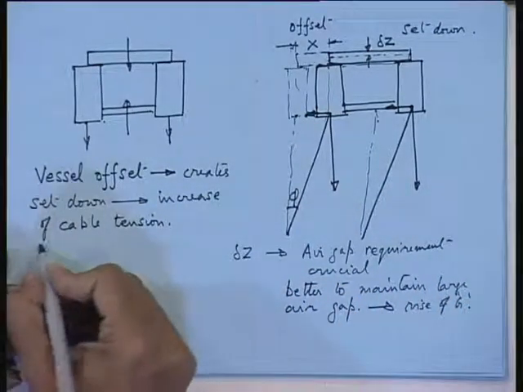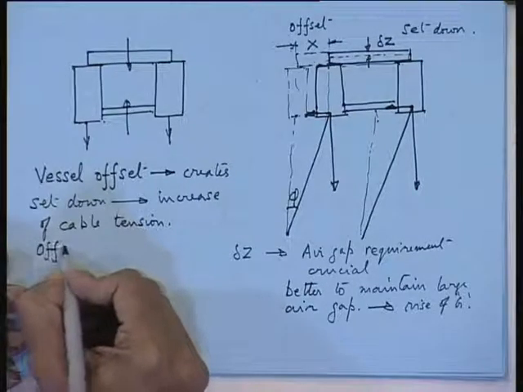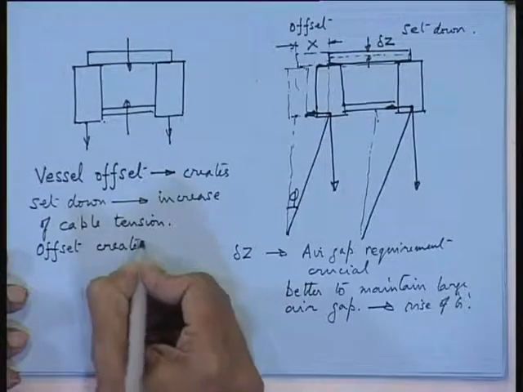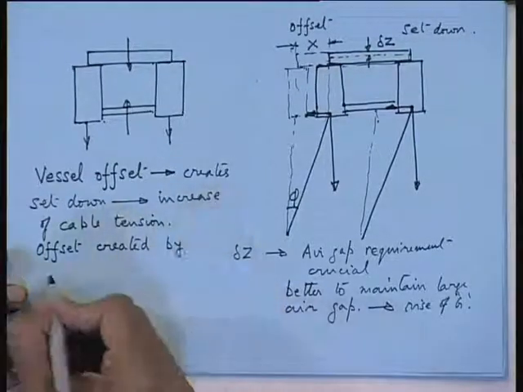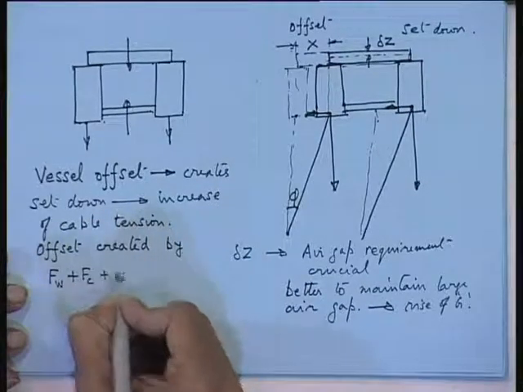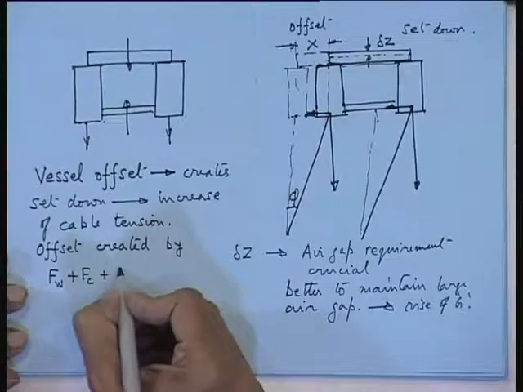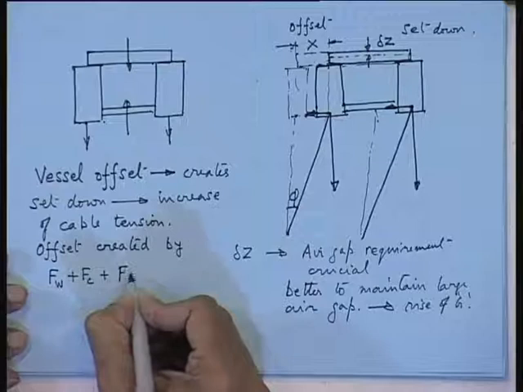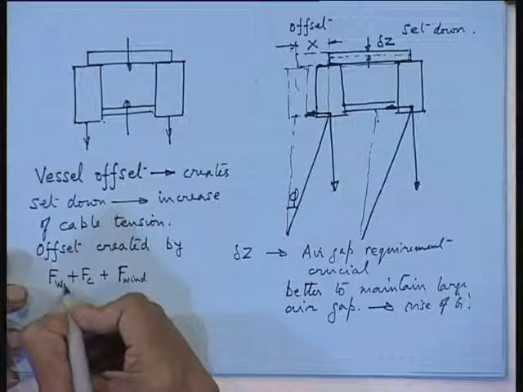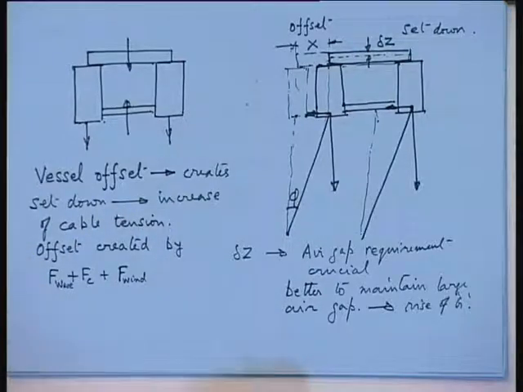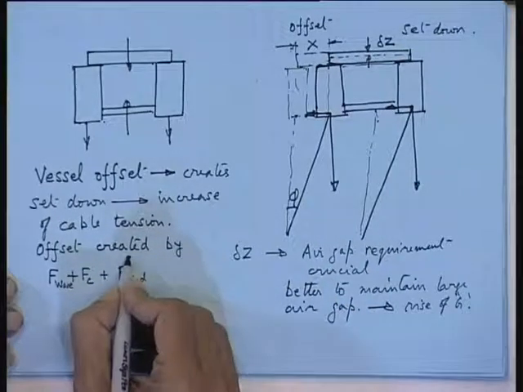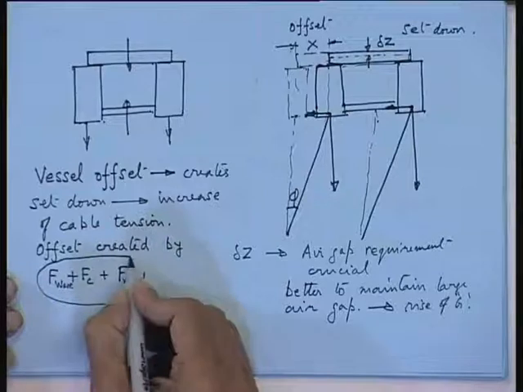Now, offset is created by the summation of these three forces: wave force plus current plus what? Force coming from wind. Wind, wave and current. So, from these three forces you calculate offset.